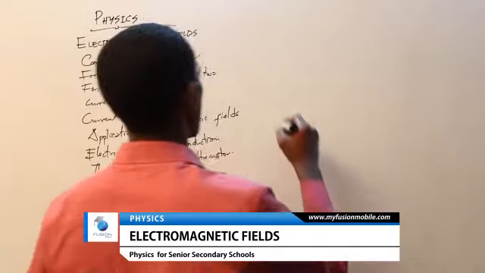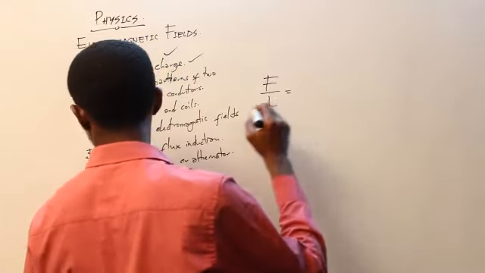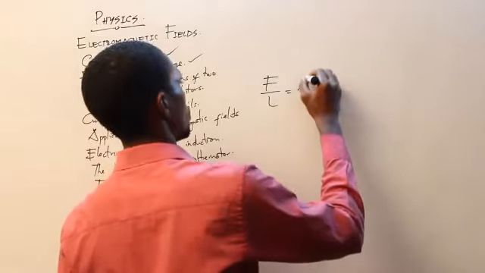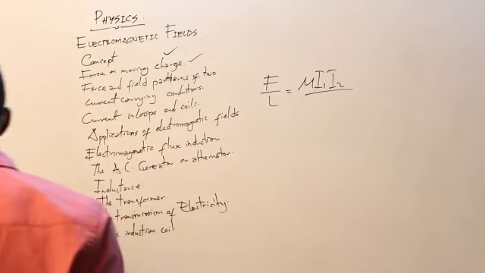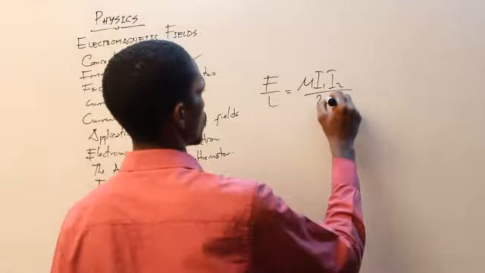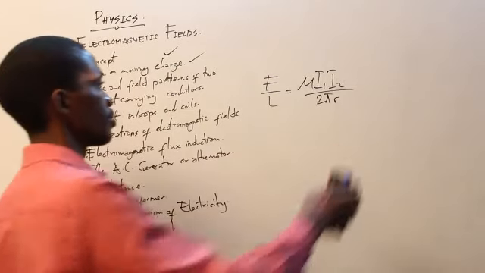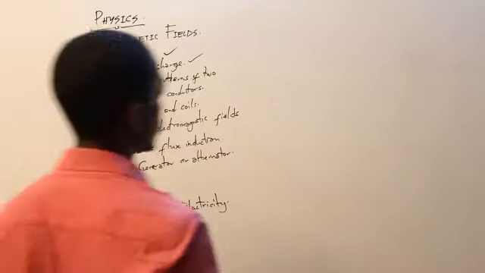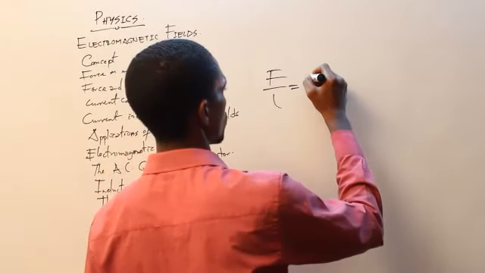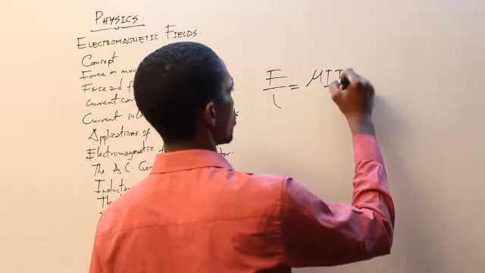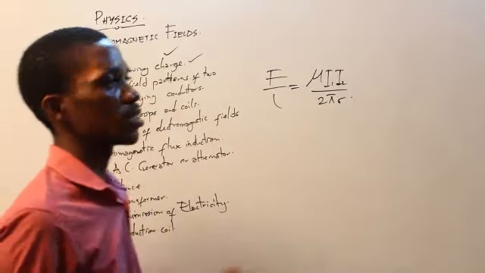Well, the attraction between them, per unit length, can be given as F over L equals mu I1 I2 divided by 2 pi r, where r is the distance between them.